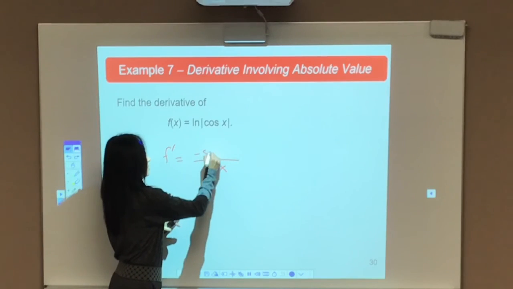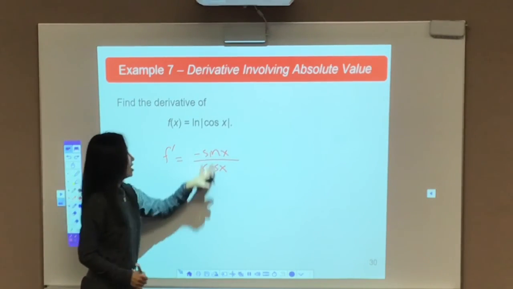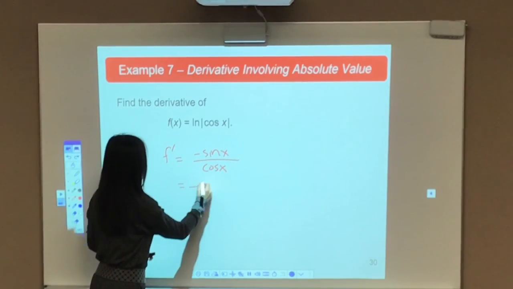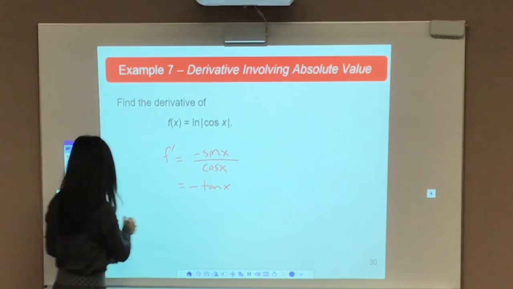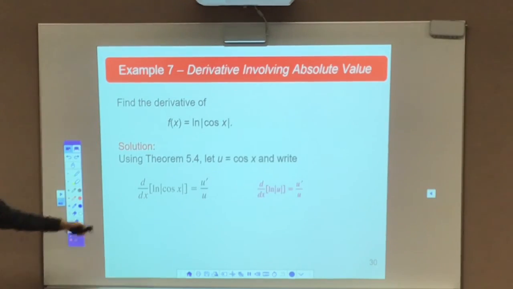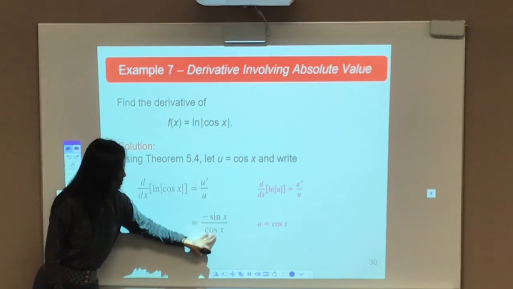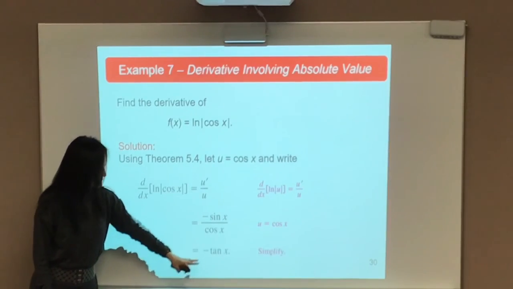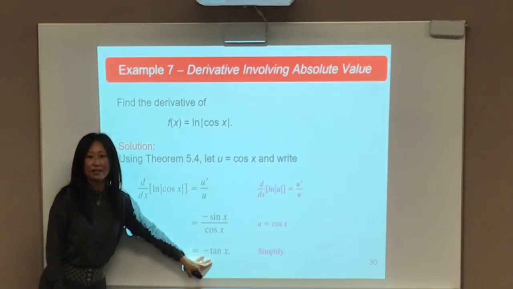Negative sine. What is sine over cosine? Tangent. Yeah. So they will give you this, u and u prime. You got u is cosine x, u prime is negative sine x, and that's the same as negative tangent.